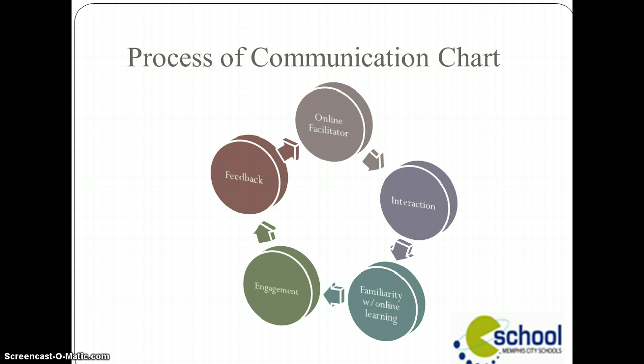So if they need more help, now they can contact the instructor again. So this is our process of communication chart, something that we could use daily as online facilitators.